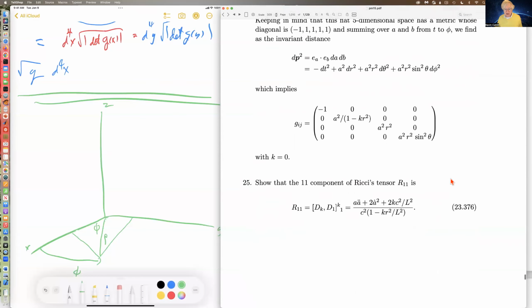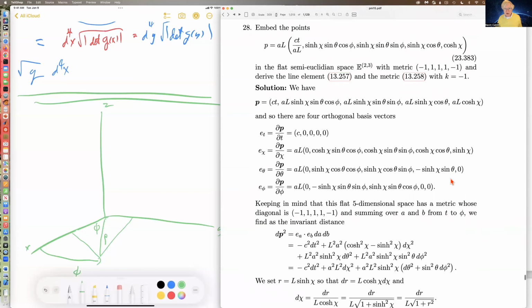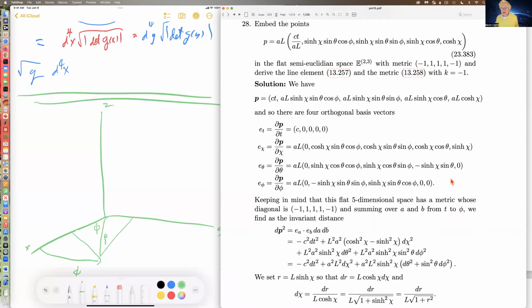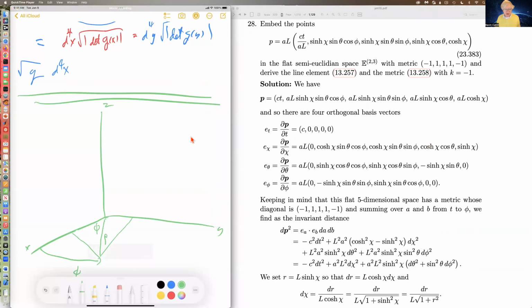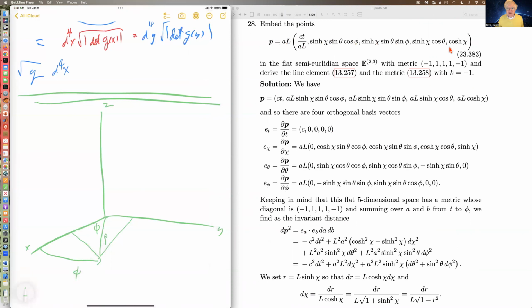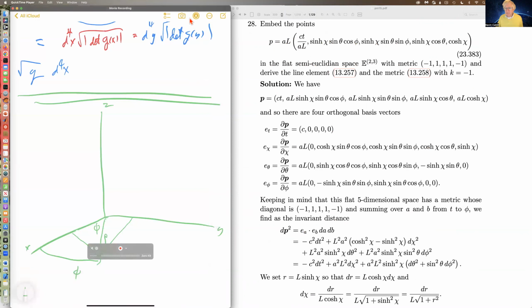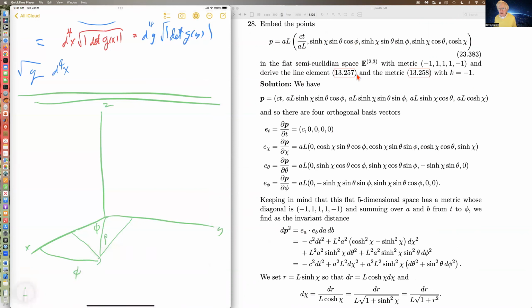So this is the actual solution, in other words. The problem is to embed these points, which are already embedded in this flat semi-Euclidean space with this metric, and we want to derive the line element and the metric.